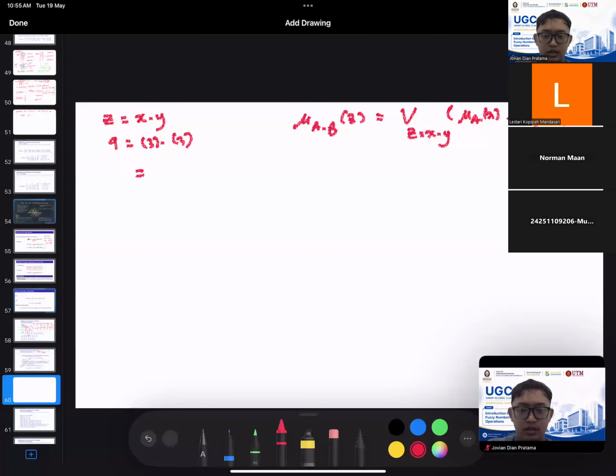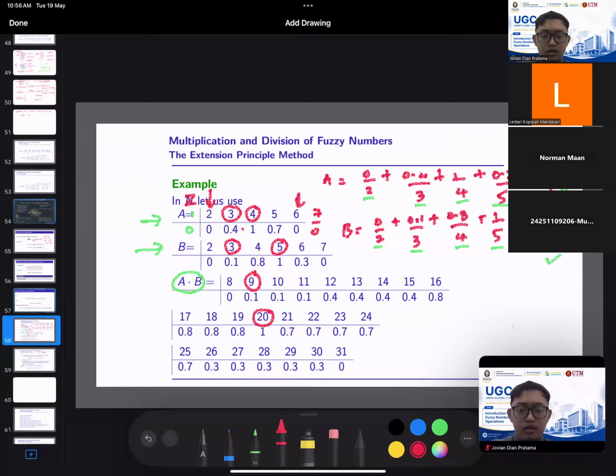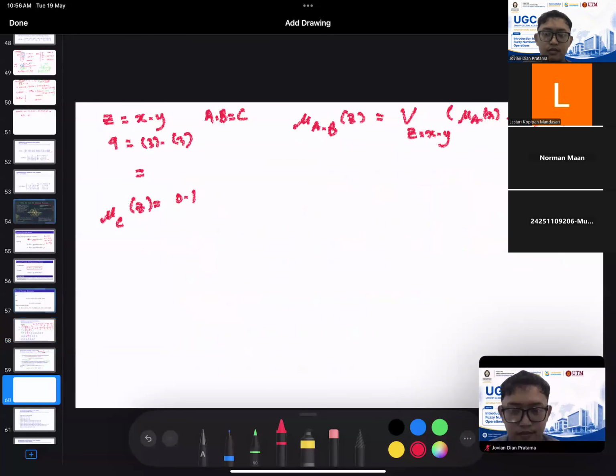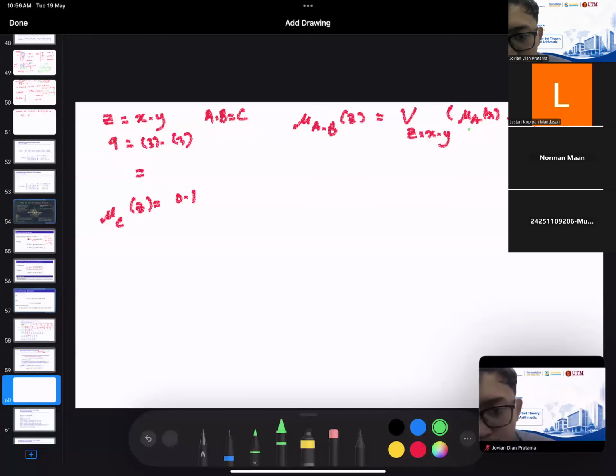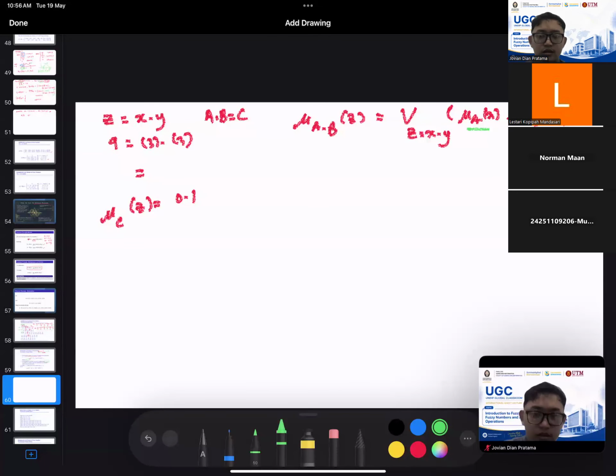You compare this one to get mu C. I consider A multiply B as C. Here mu C of z is equal to, you need to choose which one is the minimum between these values. You have 0.4 and then you have 0.1. So you need to choose the minimum one, so definitely the answer is 0.1. Between these two, you need to choose the minimum one.